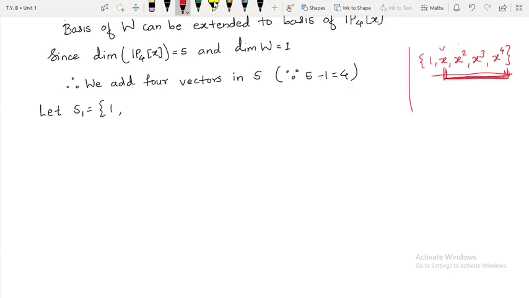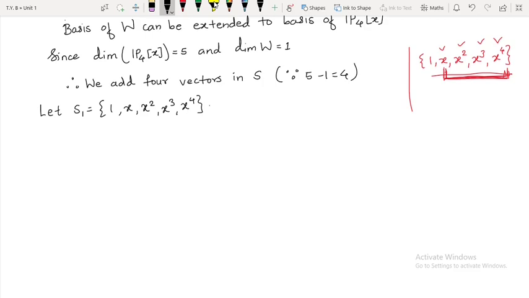So x, x square, x cube and x to the power 4 are missing, so I will add them. Let S1 be equal to 1, which is compulsory there because it is carried from the set S, then x, x square, x cube and x raised to 4.